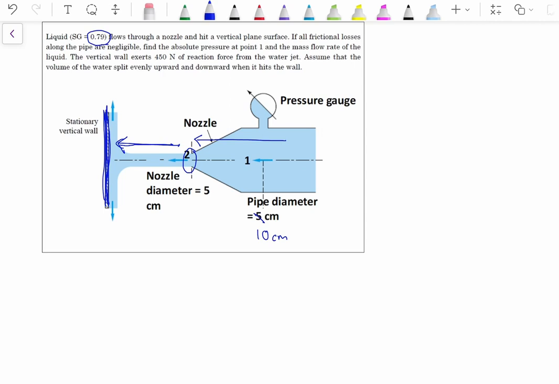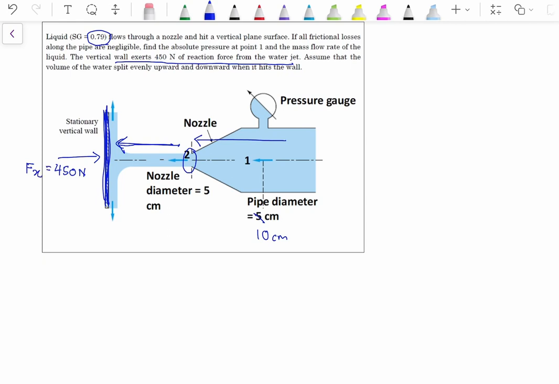The liquid hits the wall, and the wall exerts 450 Newton of reaction force from the water jet. The reaction force is acting in that direction, and the size of the reaction force is 450. Okay, we label that to be Fx.